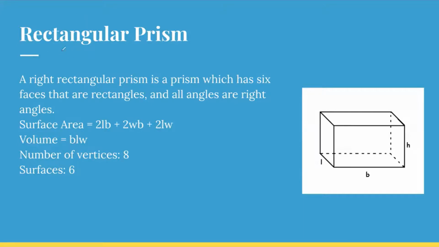One special case is that if the height and the length are the same, then this side would be a square, and this side they would be the same. And the surface area would be 2 length times base plus 2 width times base plus 2 length times width. And the volume would be base times length times width, and it has 8 vertices and 6 surfaces.